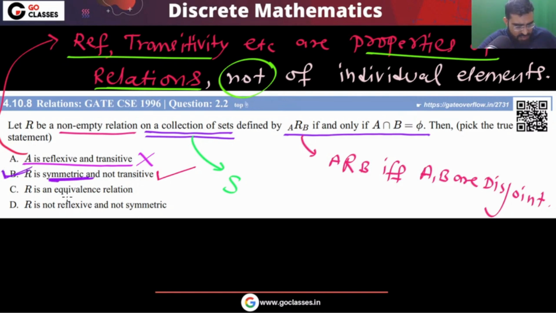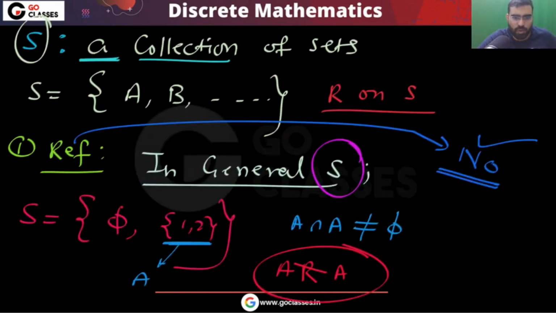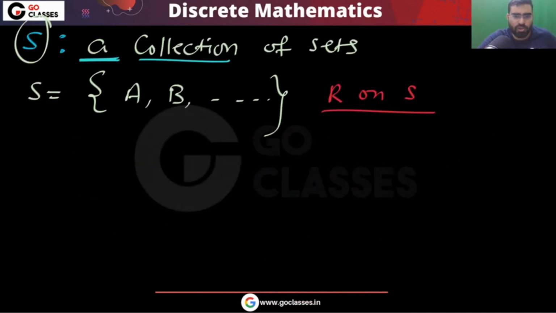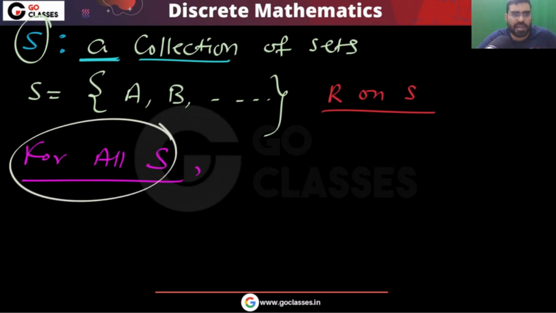Okay, is this clear? Tell me, is the analysis of this question clear? Some good questions can be created. Let me tell you why this question is important. Some good questions can be created, like S is some set, and for all possible S, what can you say about R?